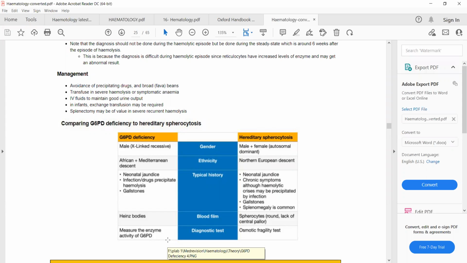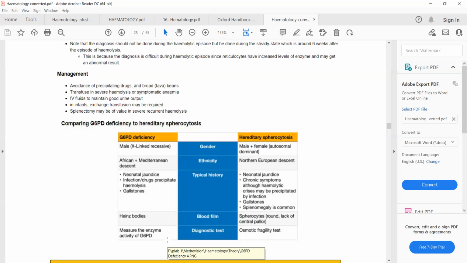So in European people, hereditary spherocytosis is more common, and G6PD deficiency is more common in African and Mediterranean people. Both of them can cause neonatal jaundice as well as hemolysis.